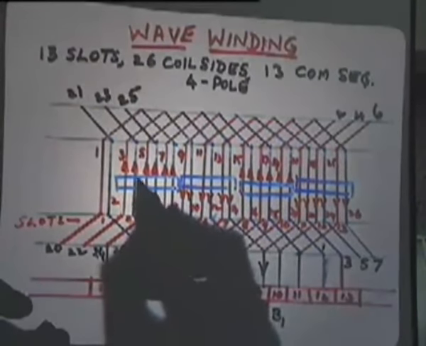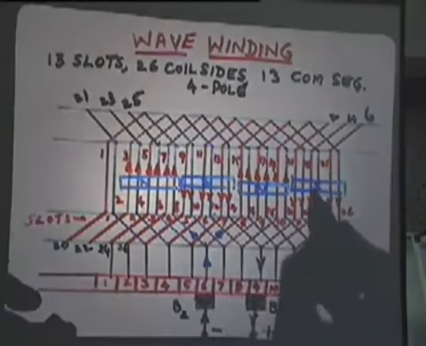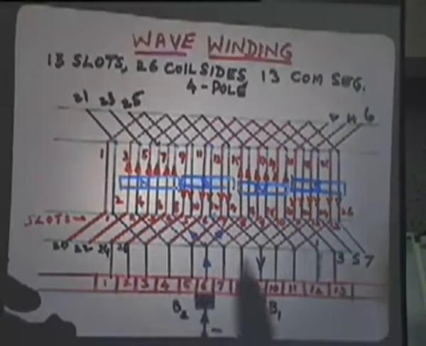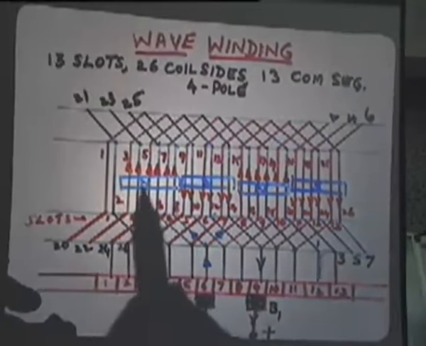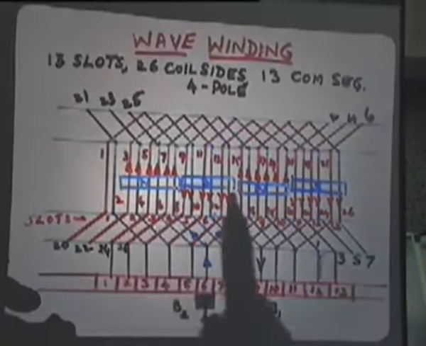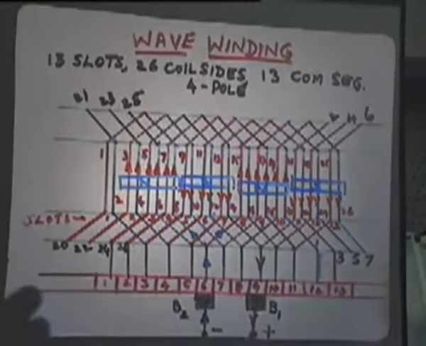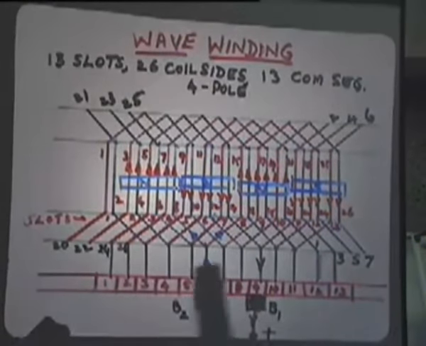Suppose we identify this as north pole, south pole, north pole, south pole. Okay. So these are the poles, and the conductors under the influence of one pole would have voltage induced in one direction, and those under the influence of the opposite pole will have voltage induced in the opposite direction, and their typical directions are shown here.